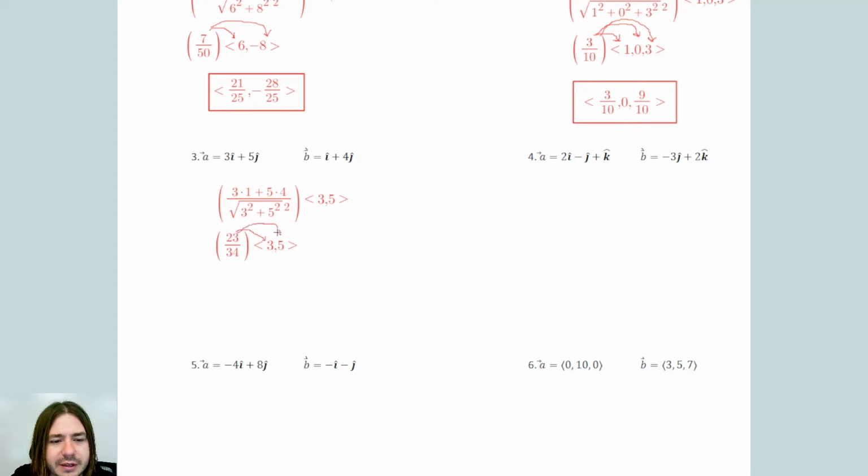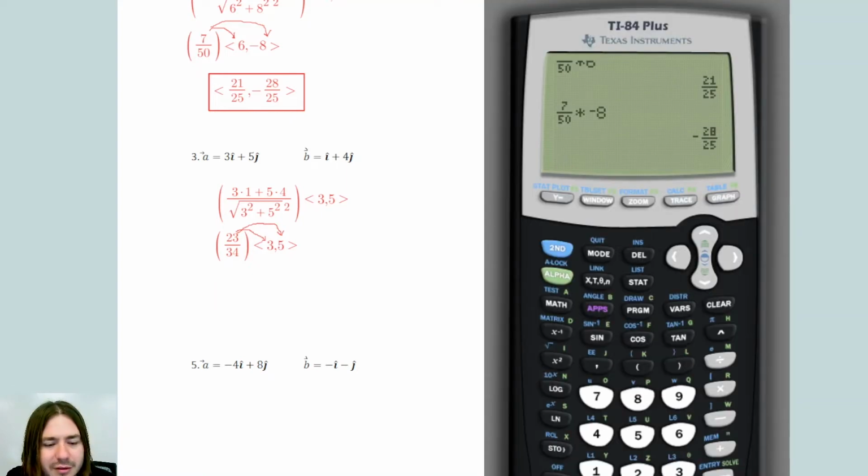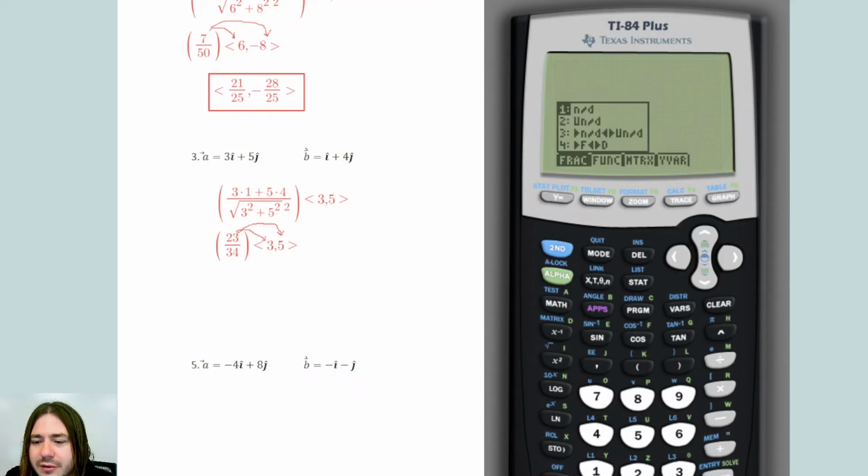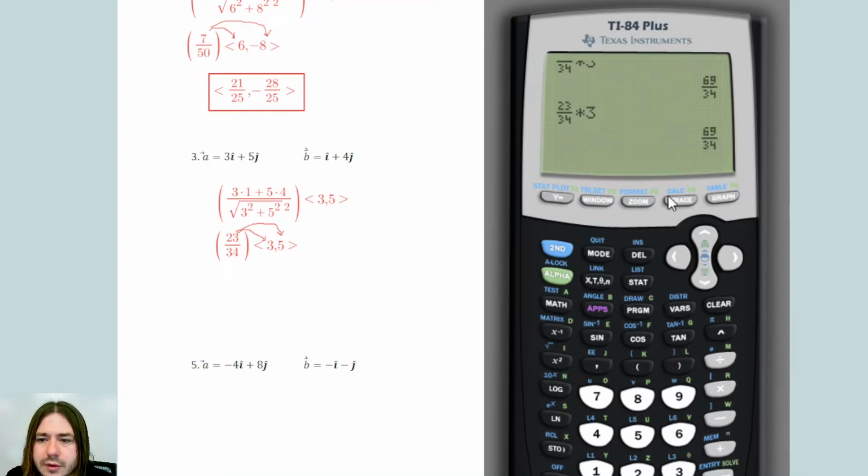If I can do it mentally pretty easily, I'll bypass the calculator, but I've got no problem at all with relying on the calculator to do arithmetic that's beyond quick mental. So we've got 23 over 34 times 3, which is going to be 69 over 34.